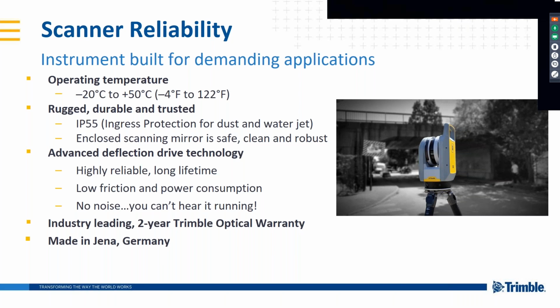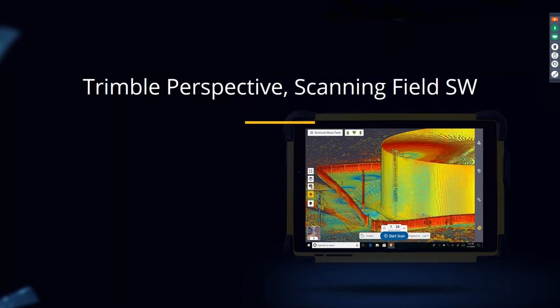Whether you scan in rain and snow is probably a different thing, but you never know, if you're outside and it starts raining, it shouldn't take any damage from that. So it's a good IP55, which should protect it quite well from that downpour and also the dusty environment. All in all, Trimble with the X-Drive technology is also offering the scanner a standard 2-year warranty.